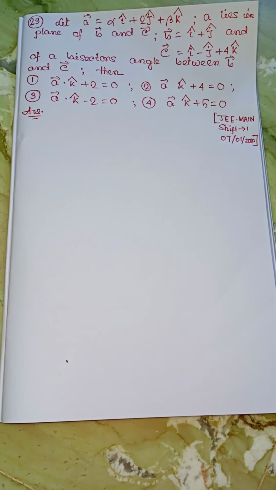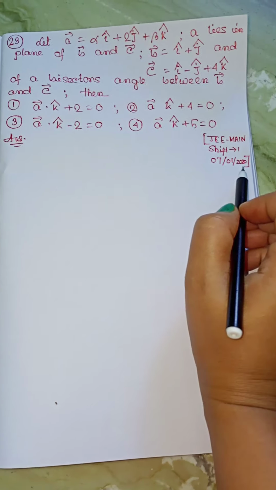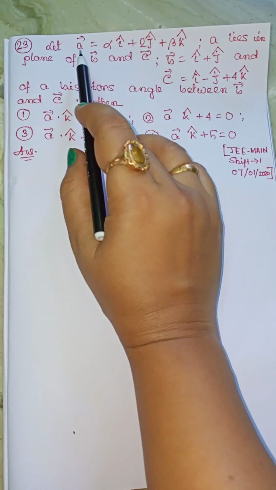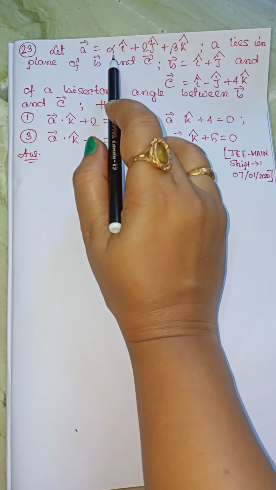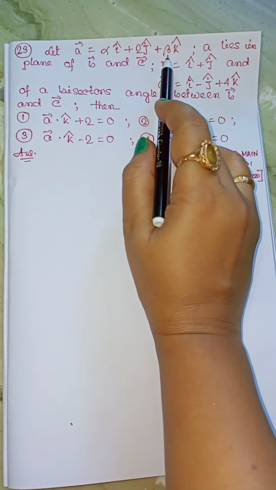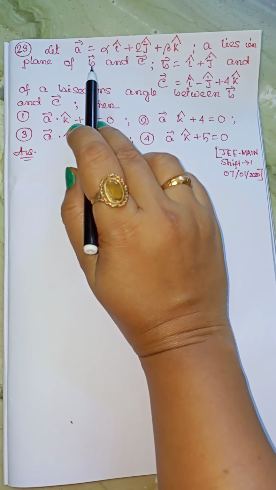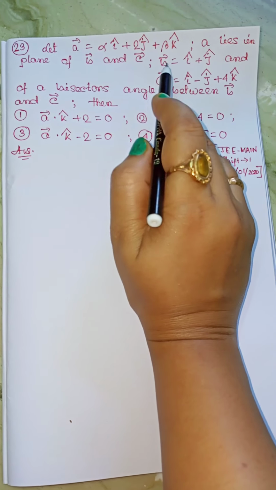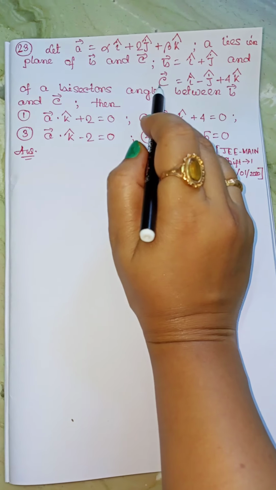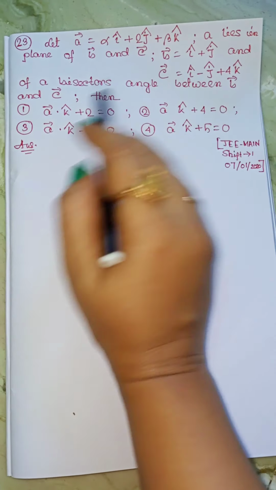Today we solve JEE Main Shift 1, 7th of January 2020, question number 23. If vector A is equal to alpha i cap plus 2 j cap plus beta k cap, A lies in the plane of vector B and vector C. Vector B is equal to i cap plus j cap and vector C is equal to i cap minus j cap plus 4k cap.